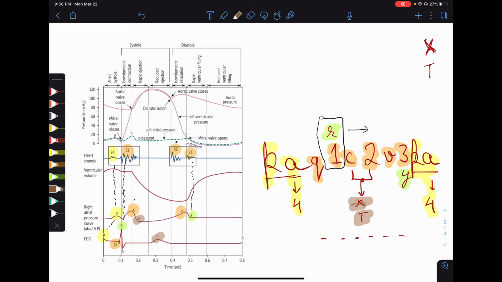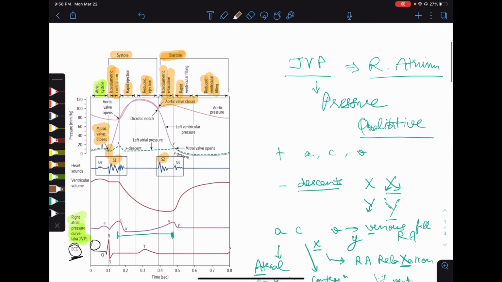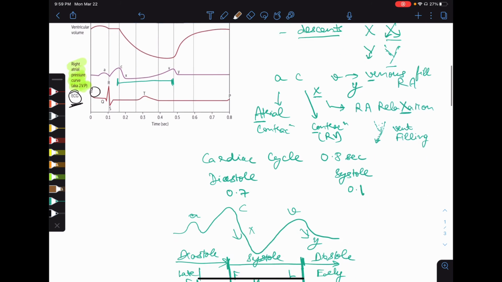This sequence integrates all the events happening here. And when you integrate the sequence with what I explained earlier, it will start making sense and you will start correlating the things in a better way.